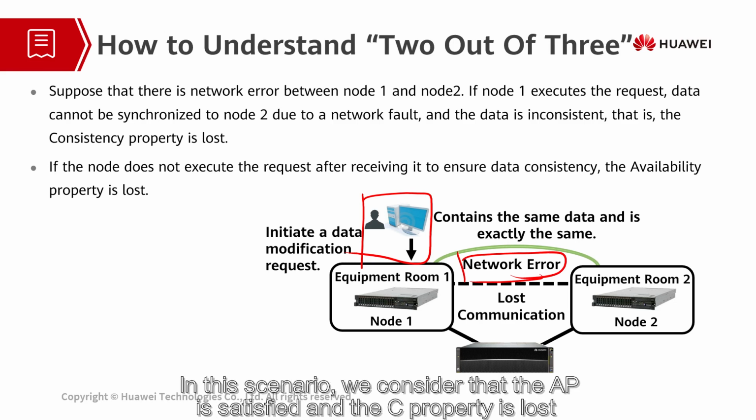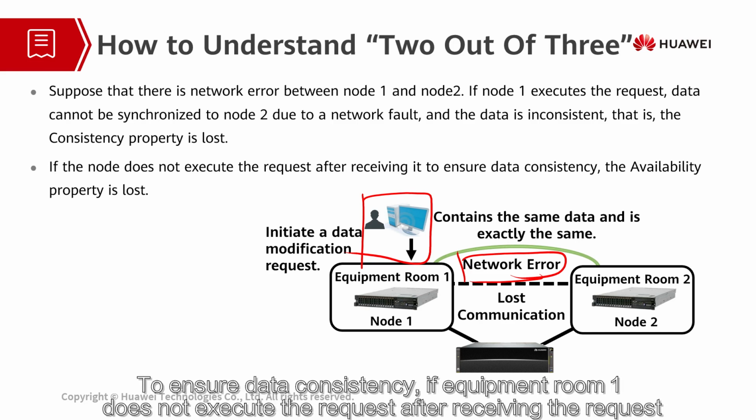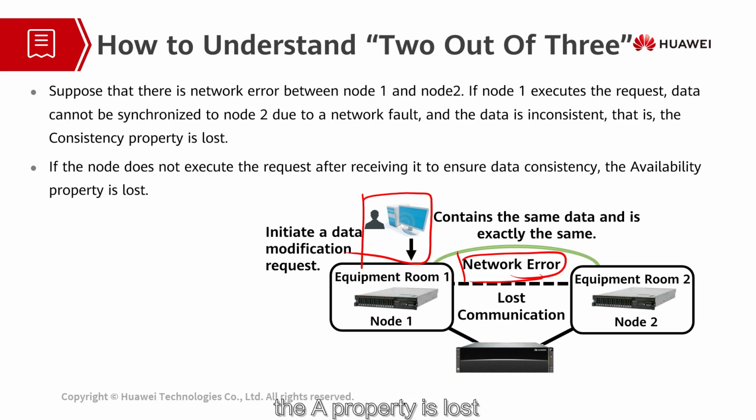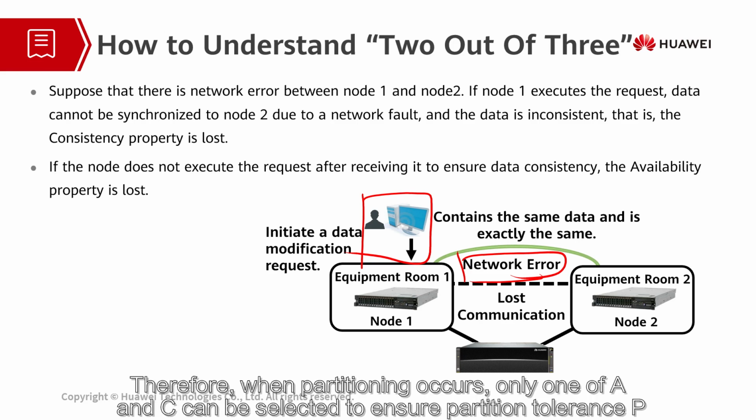In this scenario, we consider that AP is satisfied and the C property is lost. To ensure data consistency, if equipment room 1 does not execute the request after receiving it, the A property is lost. Therefore, when partition occurs, only one of A and C can be selected to ensure partition tolerance P.